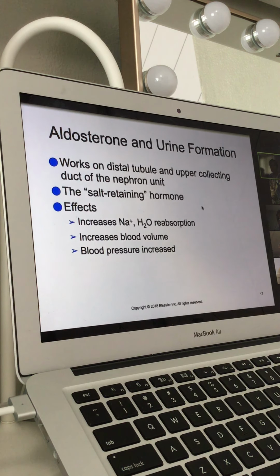So in cases of diarrhea or hypovolemia, sodium and water are reabsorbed so that the blood volume and blood pressure can be increased. That is the effect of your aldosterone.